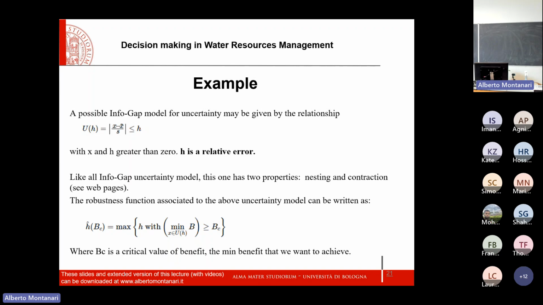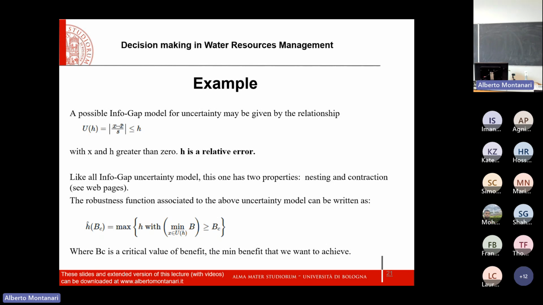It means that I fix, in terms of my benefit, a low value, which is the minimum that I consider necessary for my methodology, my procedure, my adaptation to be successful. So this B_C is called a critical value. And this critical value is lower than the benefit value that corresponds to X hat, to the best prediction.